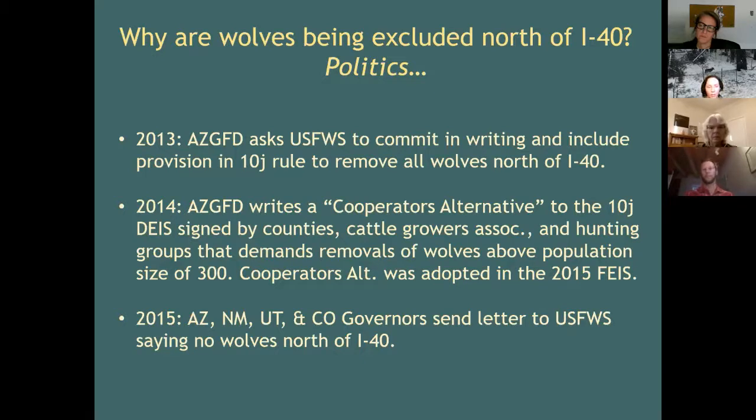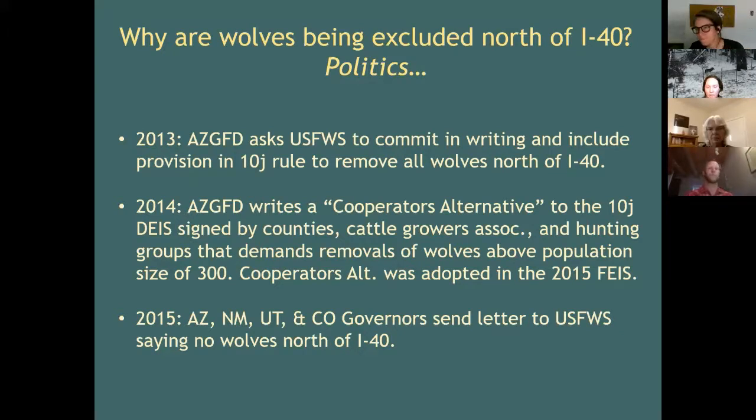So over the years, going back, there are plenty of documents that have shown the Arizona Game and Fish Department, which is our state wildlife agency in Arizona, has asked the US Fish and Wildlife Service to commit in writing to include the provision in the 10J rule to remove all wolves north of I-40. They also wrote what was called the cooperative alternative to the 10J draft EIS in 2014, and demanded removals of wolves once they reached that population size of 300.